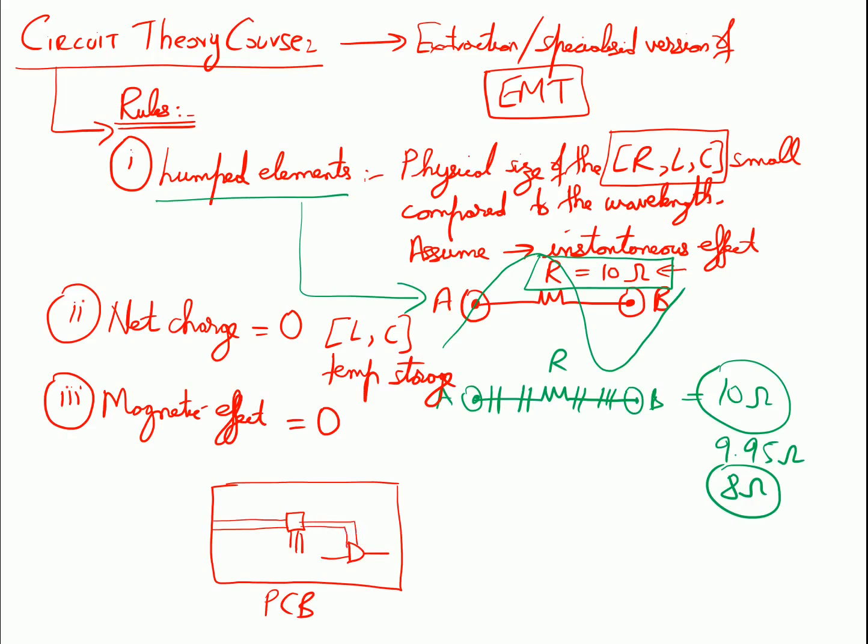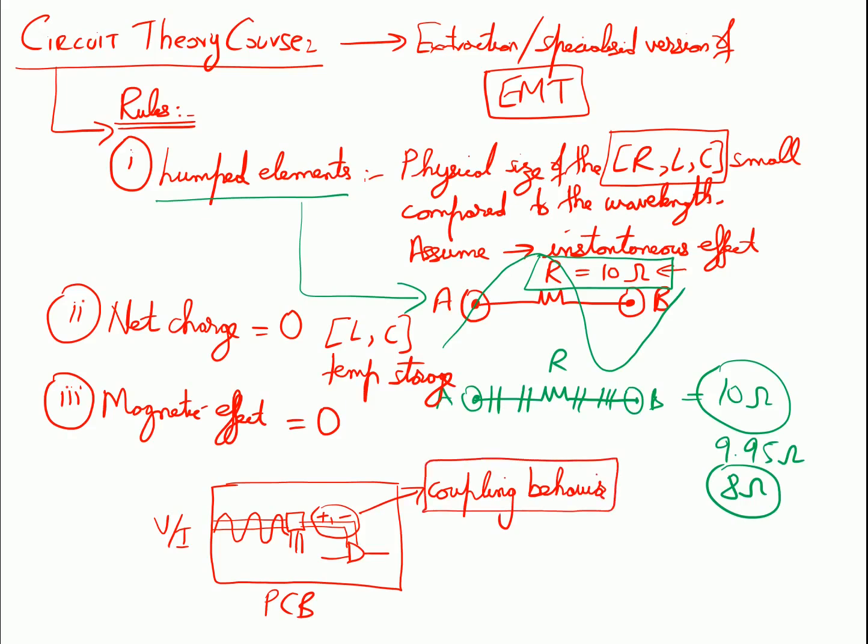Now the problem is, if we are trying to understand how the signals, voltages, or currents are moving inside these transmission lines in the form of signals or waves, or in the form of plus minus waves, we cannot neglect the electric and magnetic effect, or what we call coupling behavior, when we are dealing with practical circuits, like a circuit made on a printed circuit board.